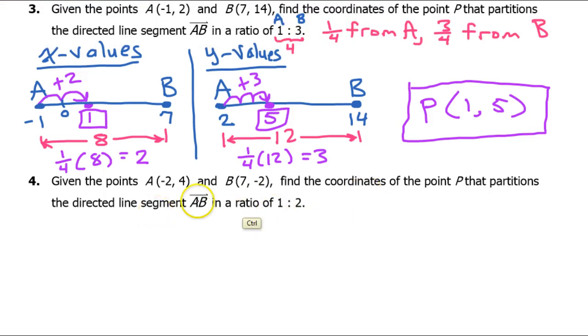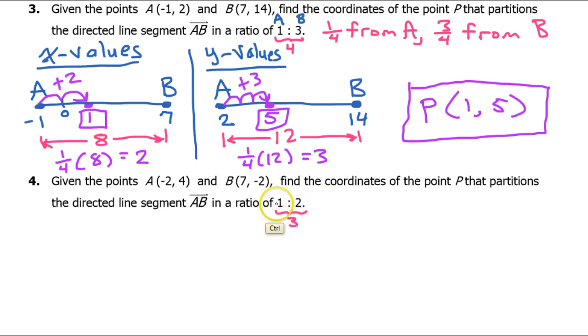We are partitioning the directed line segment AB in a ratio of 1 to 2. Okay, that means for every 1 step away from A, we are 2 steps away from B. But hey, the total number of steps is 3.